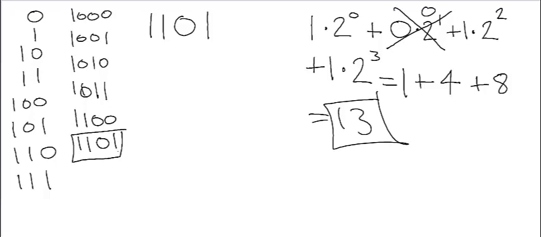Okay, now let's try to convert a number with more than one 0. Let's say we have 1100100, just to make it a little complicated. So this is our 0th position, so it's going to be 0 times 2 to the power 0.